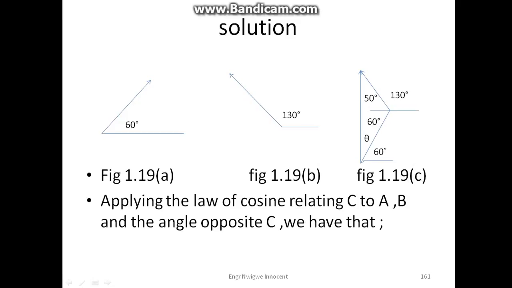Applying the law of cosine relating C to A, B, and the angle opposite C, we have that C squared is equal to A squared plus B squared minus 2AB cos 110, which is equal to 5 squared, 25, plus 6 squared, 36, minus 2 times 5 times 6 cos 110, which will now give us 60 plus 20.53.